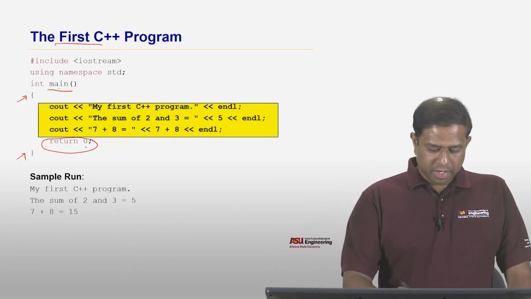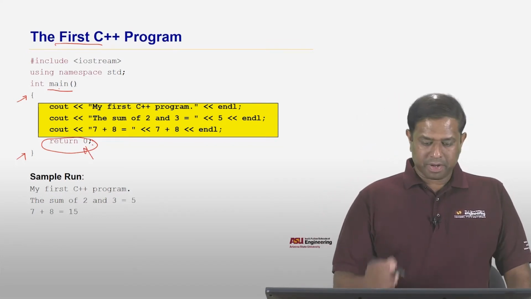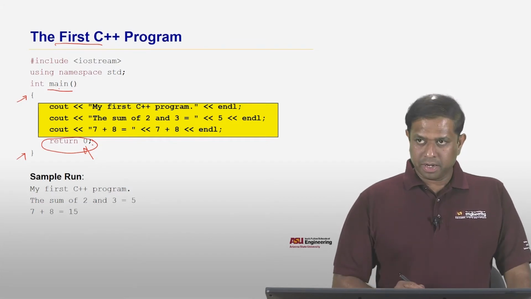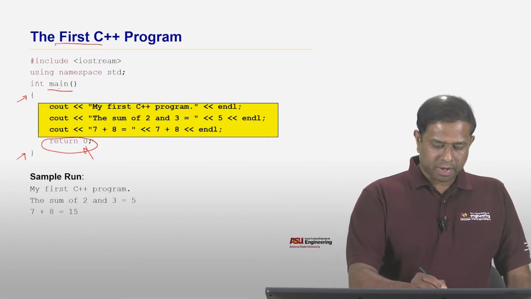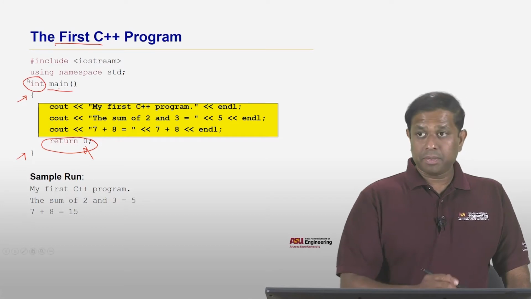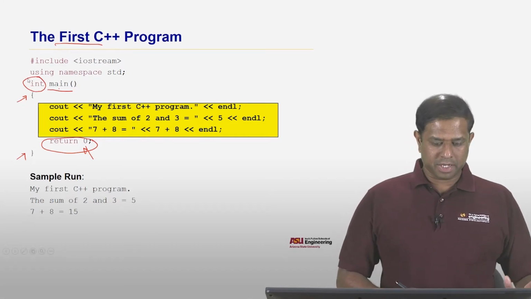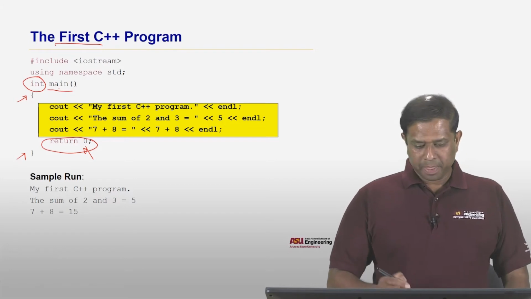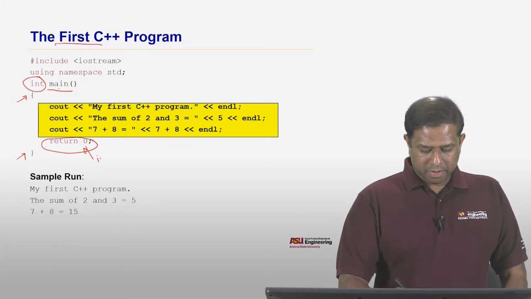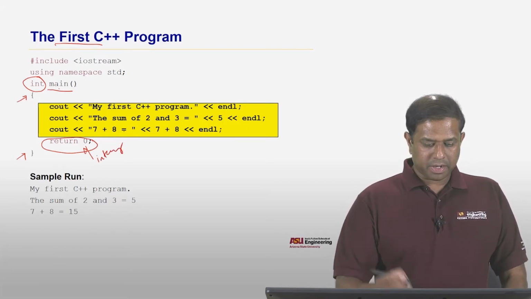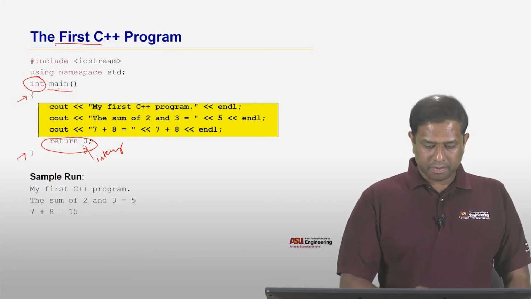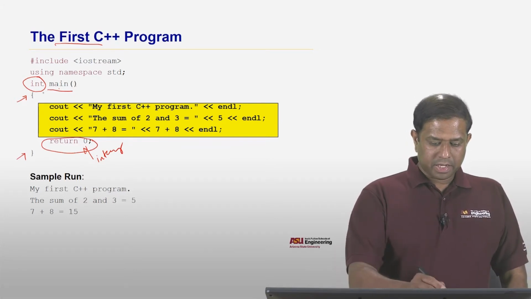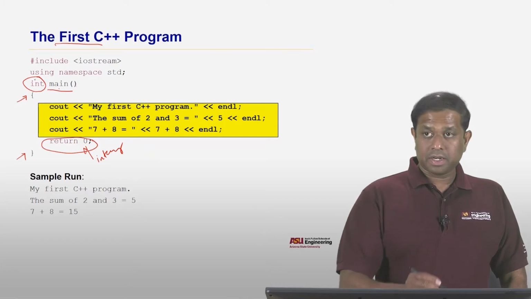Since 0 is a whole number, we are returning the 0 from the main method. So we need to tell what type of data the main method will be returning to the operating system to say that the program has been executed successfully. Since 0 is an integer value, we say that the main method is going to return an integer.